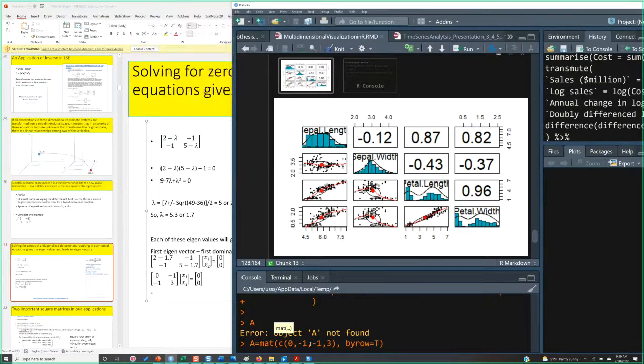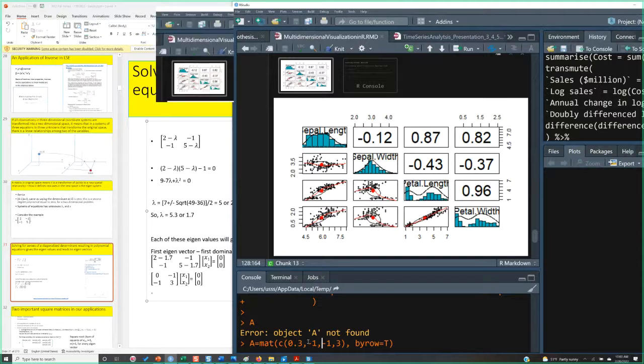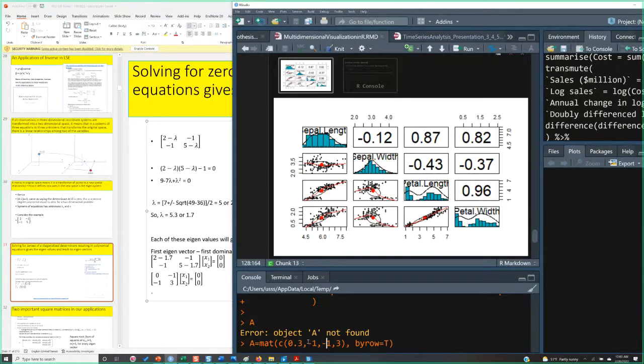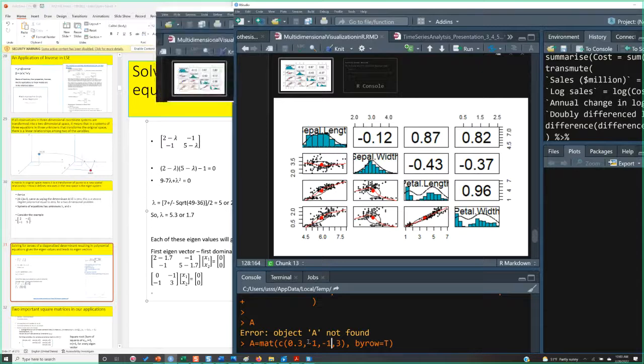Is it 2, right? What is it? 2, minus 1, minus 1, 5. Is that not? Oh, 2 minus 1.7, right? Is that what you're saying? Oh, okay. You are right. It is approximated grossly. 0.3, right? Second one is minus 1, comma, 3.3, right?